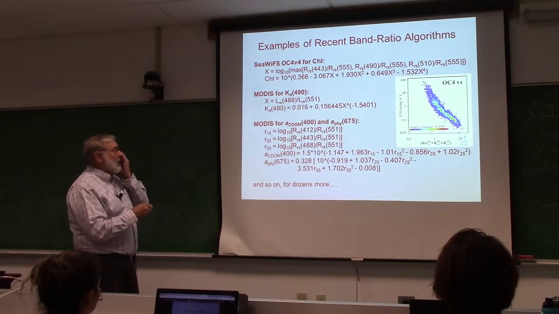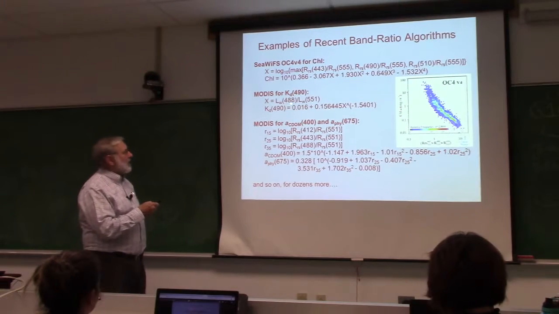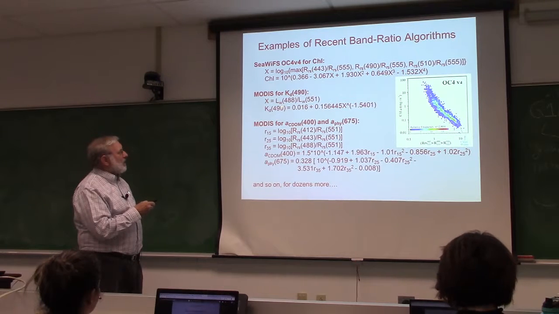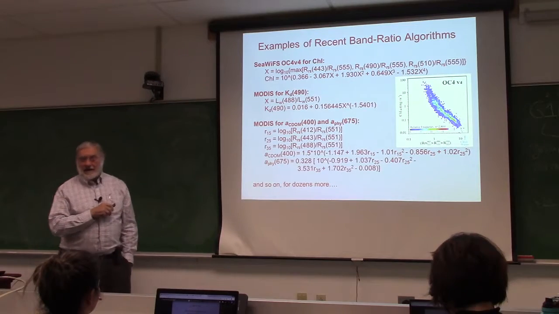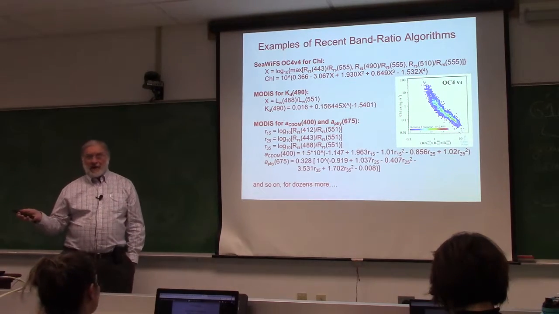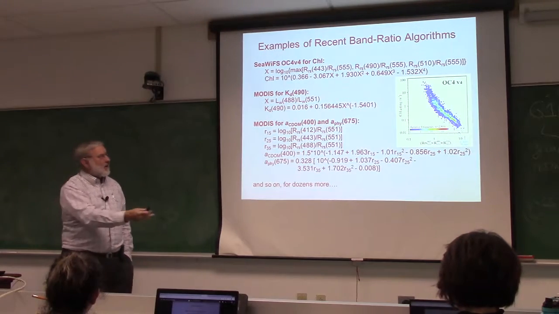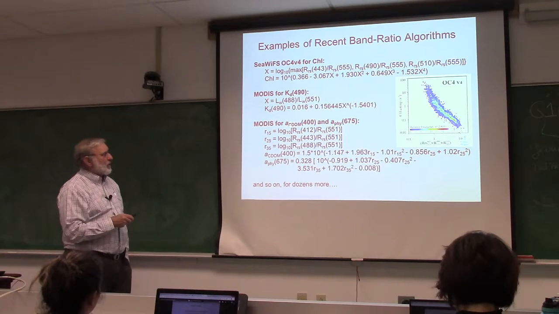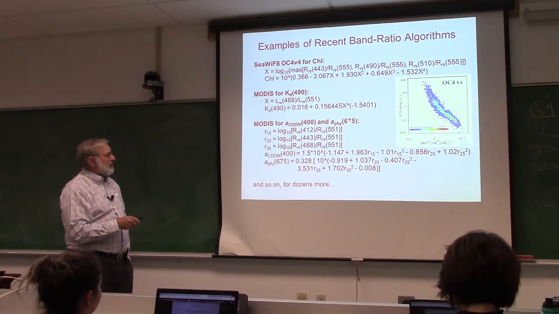Here's the MODIS algorithm for KD at 490. I said that's a standard NASA product. So they look at 488 to 551 and then plug that ratio into a little formula, which gives you KD at 490. We saw models where if you have KD at 490, you can get it at other wavelengths, and away you go. Here's MODIS algorithms for CDOM absorption at 400 and absorption by phytoplankton at 675.